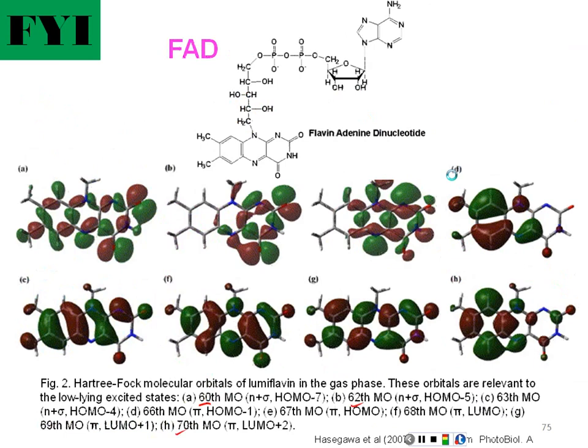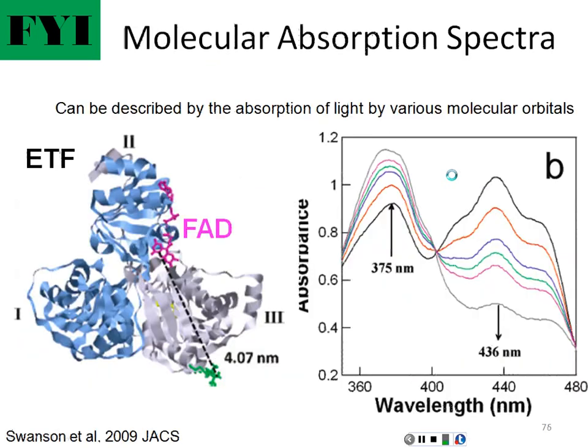So FAD is the same story. One of these molecular orbitals, the HOMO, highest occupied molecular orbital, can absorb energy and bump an electron up into the LUMO, per se. So if we look at the FAD, this black line, this spectrum comes from the FAD in a protein known as ETF, electron transferring flavoprotein.